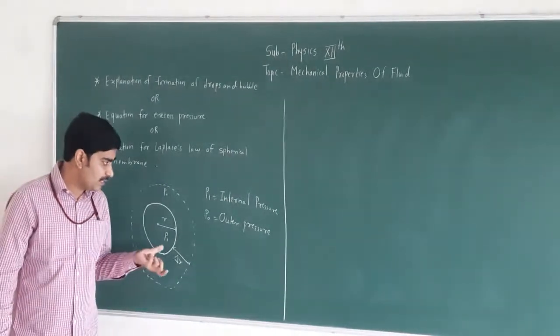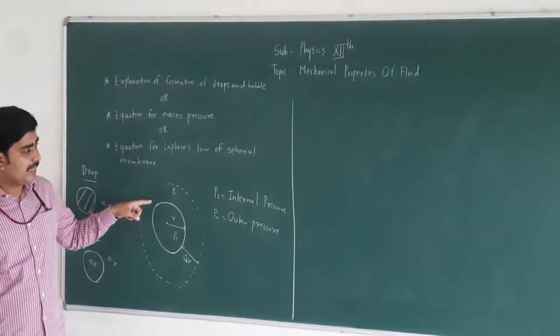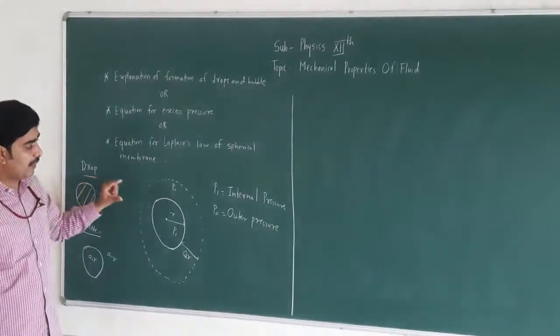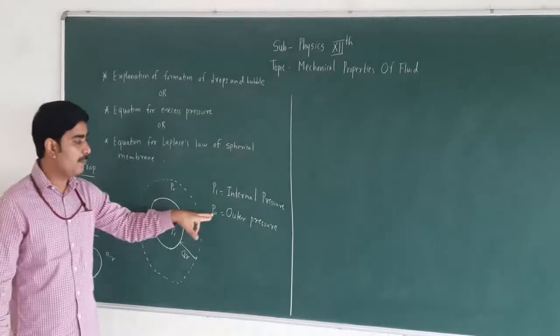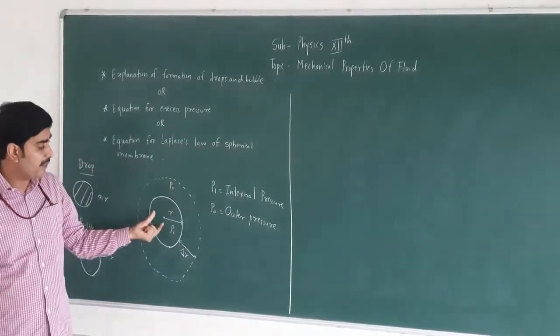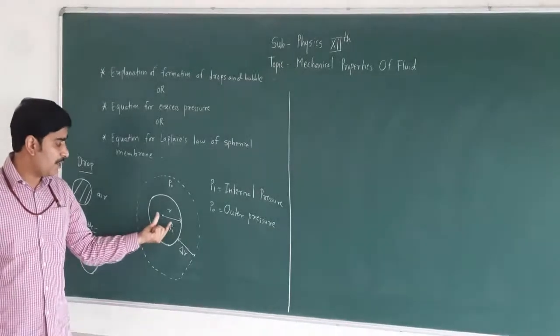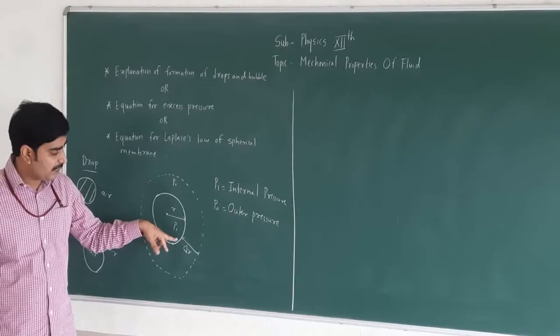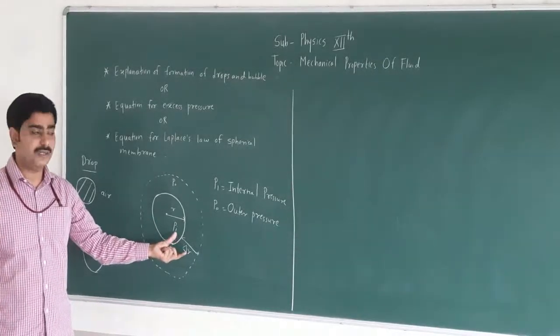Friends, in the given diagram, Pi is the internal pressure of the liquid drop and P naught is the outer pressure of the liquid drop. Let us consider R to be the radius of the inner sphere, and delta R be the increase in the radius.